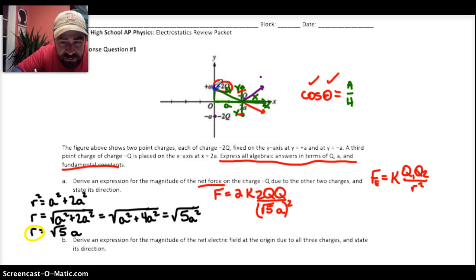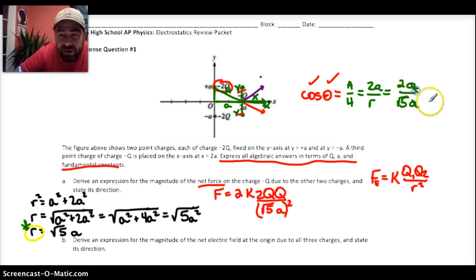Actually, let's go ahead and define the adjacent side as 2a, and let's define the hypotenuse as r, which then can be substituted here with the expression root 5a. So I get 2a over root 5a, and so therefore the cosine of theta can be expressed as 2 over root 5, which is going to do a whole lot better because of that requirement right there.